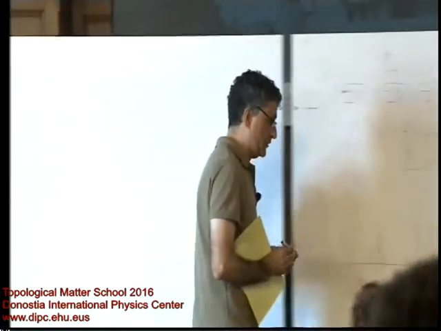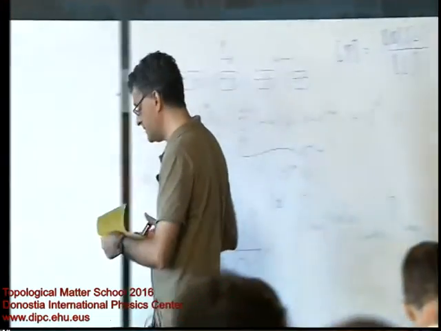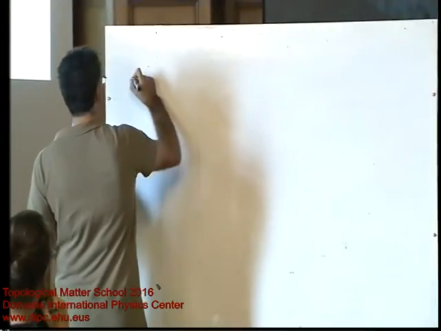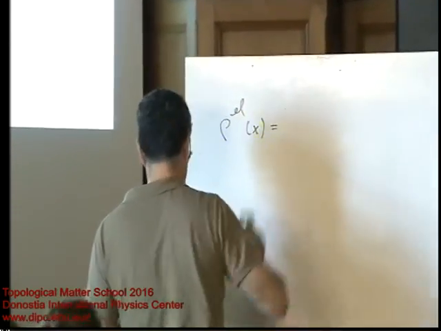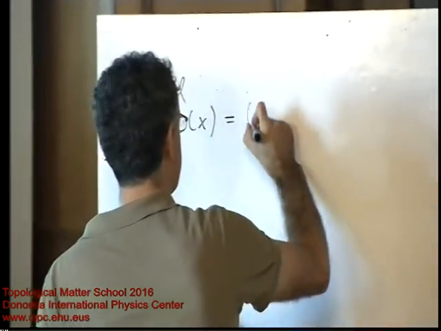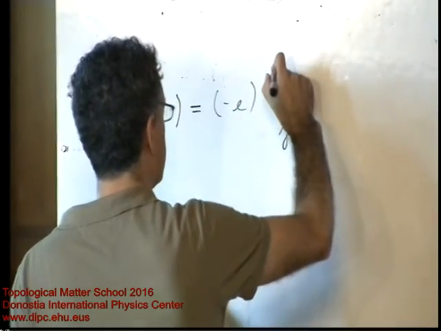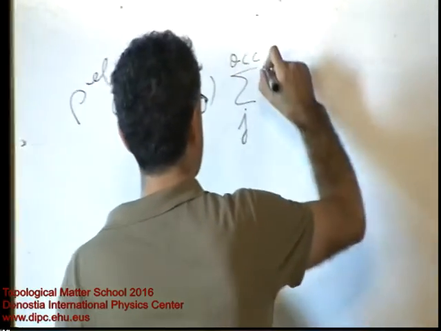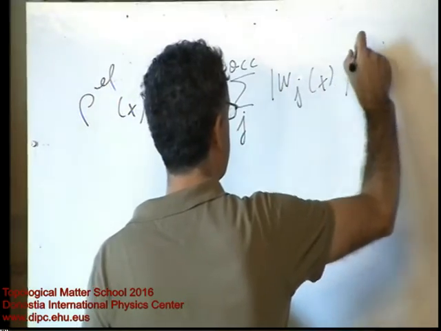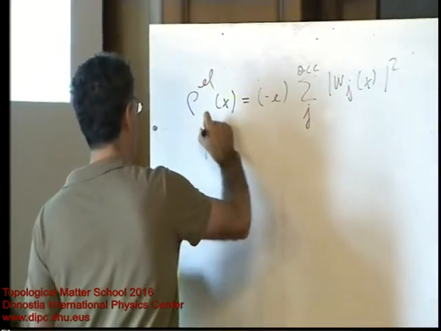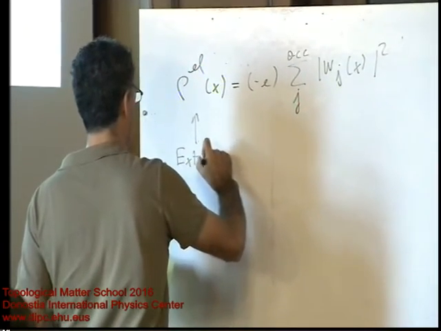Sorry, I'm not being very good with the colors. Let me try to stick to black for the text. So this is the same quantity that is on the left-hand side of that other equation at the far end.